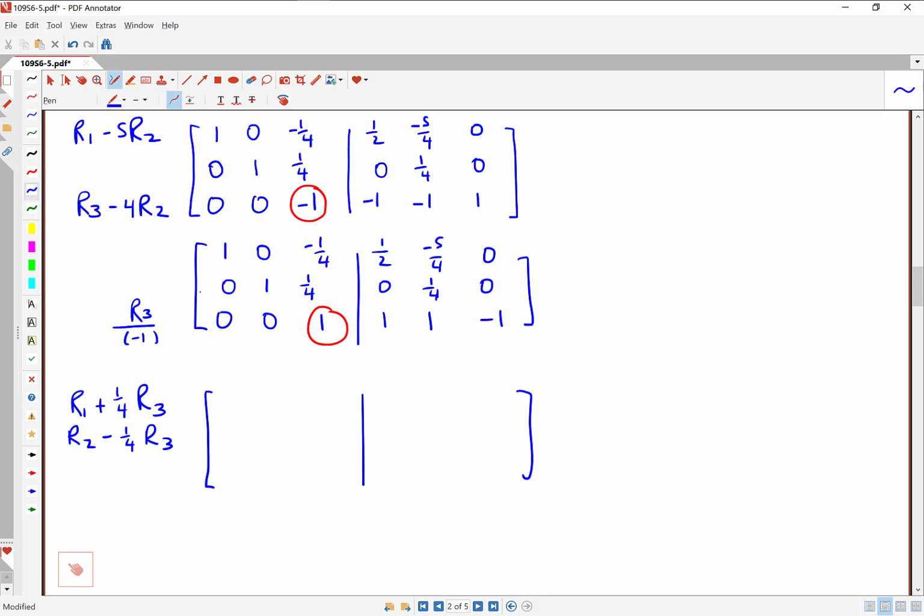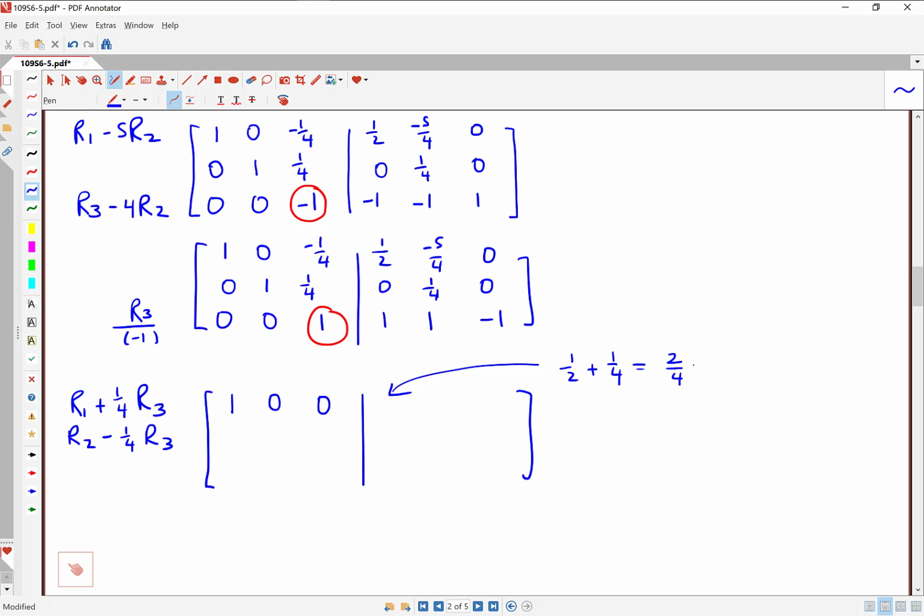So let's start with the top row here. Row 1 plus a quarter, row 3 is going to give us 1, 0, and then we've got negative a quarter plus a quarter is going to be 0. Okay, then we've got half plus a quarter. So again, just feel free to do any side calculations. Just over here, let's put everything over 4.